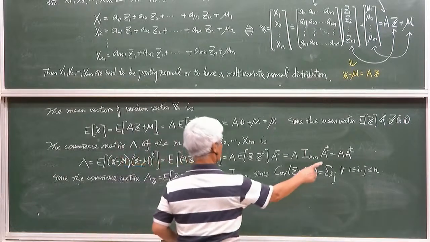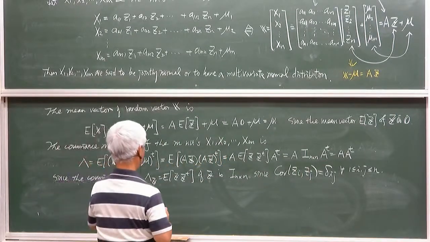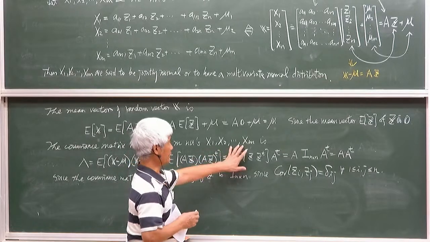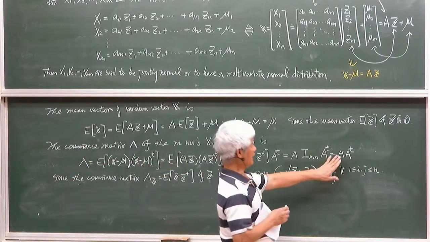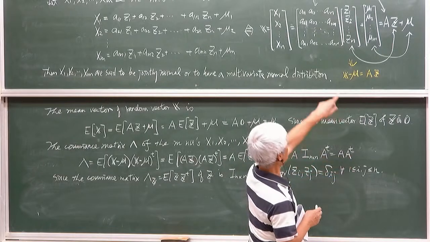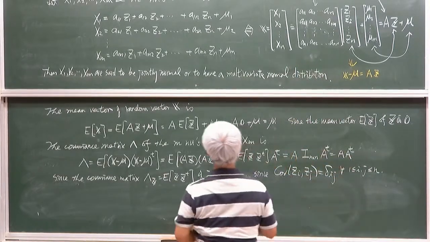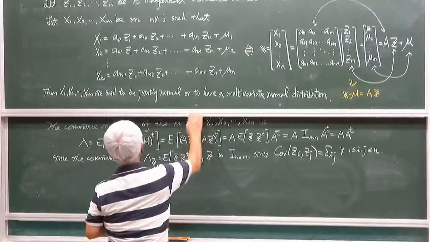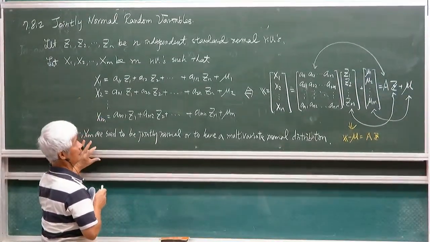And the covariance matrix of the m random variables X1, X2 up to Xn, this Lambda, is actually A times A transpose. So A is just the coefficient matrix of this system of linear equations here.